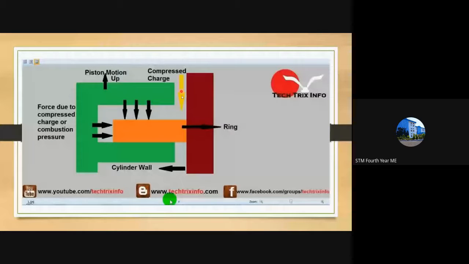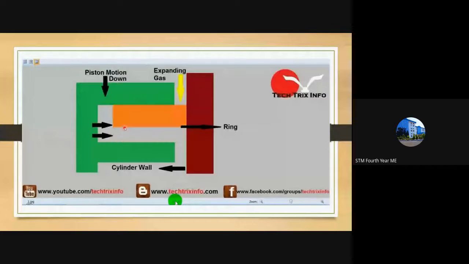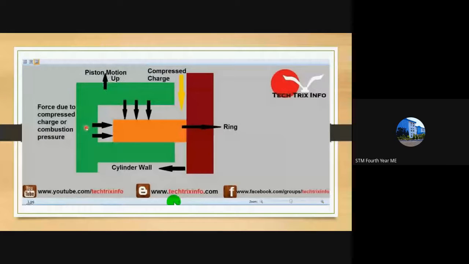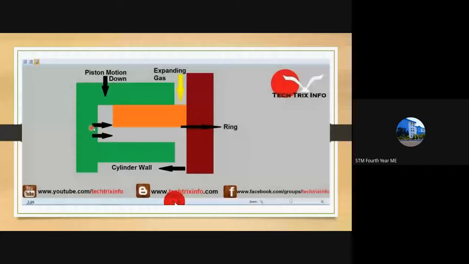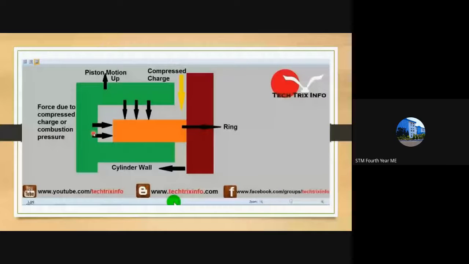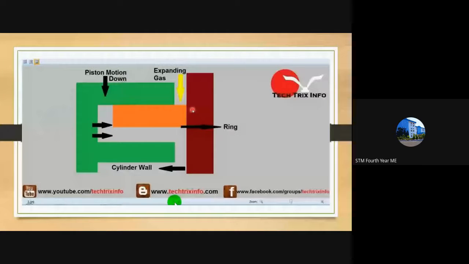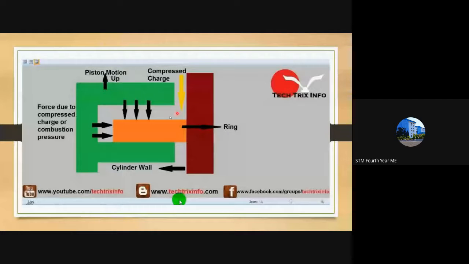The same procedure is there, and the force exerted by the compression takes place here in the ring. Only during the suction stroke and exhaust stroke is the piston ring somewhat loosely packed. At other times there is a huge pressure generated. So during the compression and expansion strokes, the piston ring always sits against the cylinder walls.